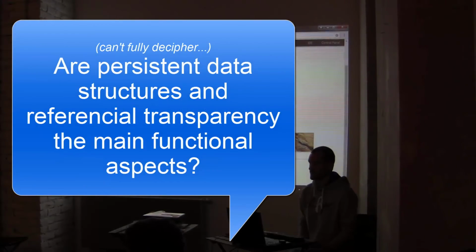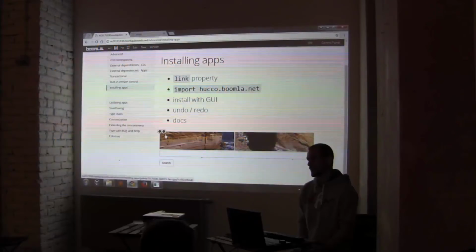I have another question. So you mentioned that this was inspired partially by functional programming. Yes. And as I understand correctly, that means that you use persistent data structures, and you mentioned also referential transparency. Okay. So these are the two main things which are brought from functional programming. Yes.